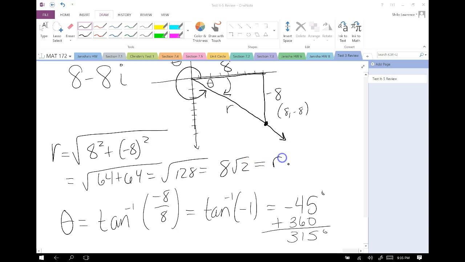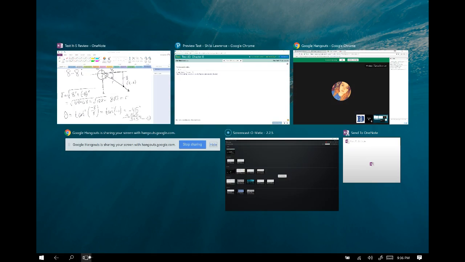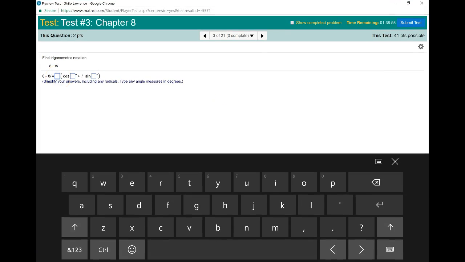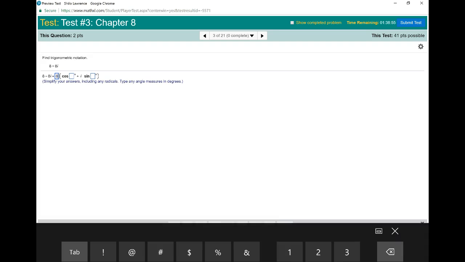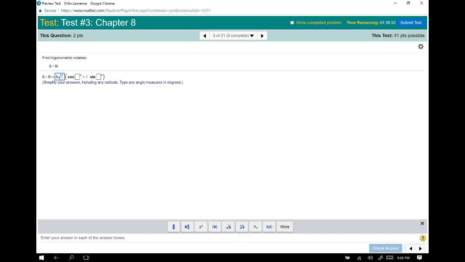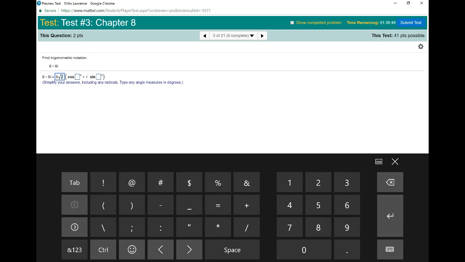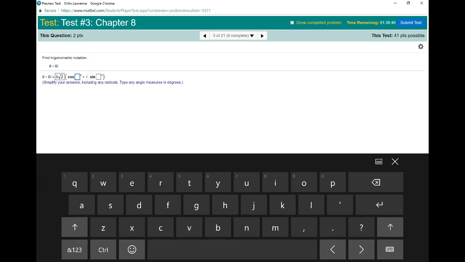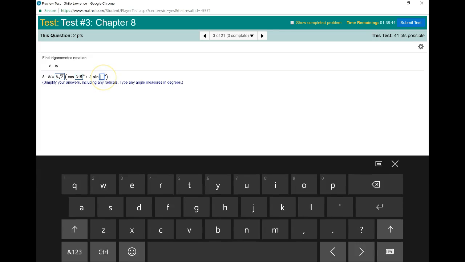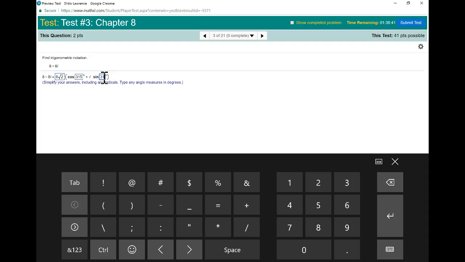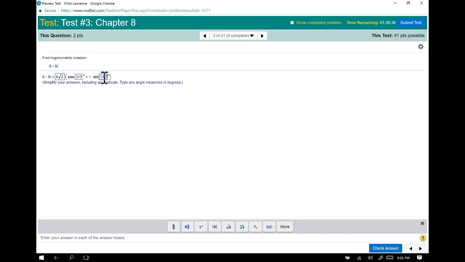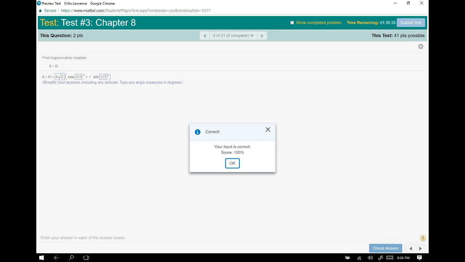So the r value is 8√2 and the theta value is 315. And that is a quadrant 4 angle, so that makes sense. And I'm going to type this in just to make sure, and it will tell me if it's right or not. 8√2 and 315. Perfect.